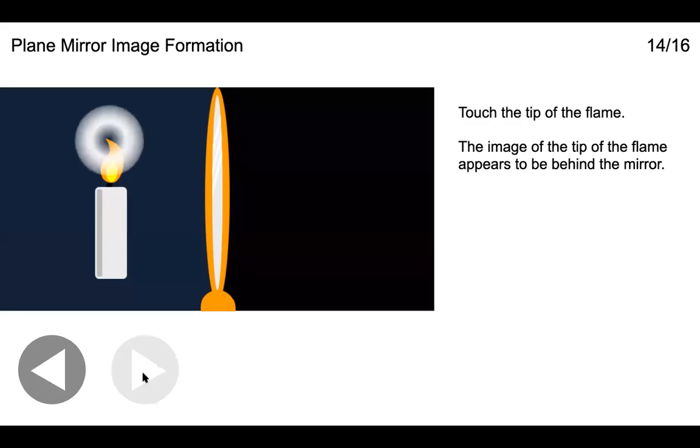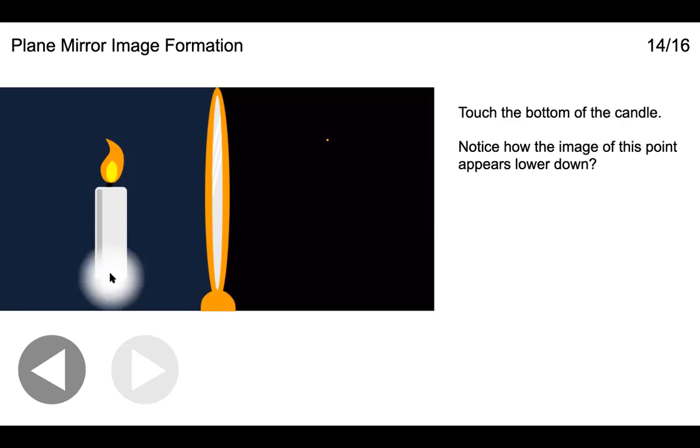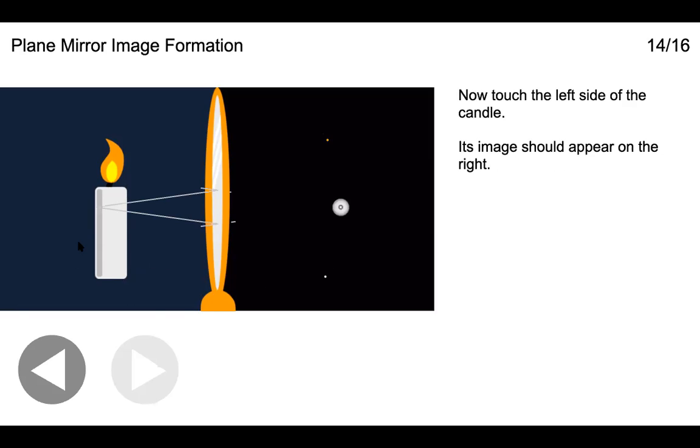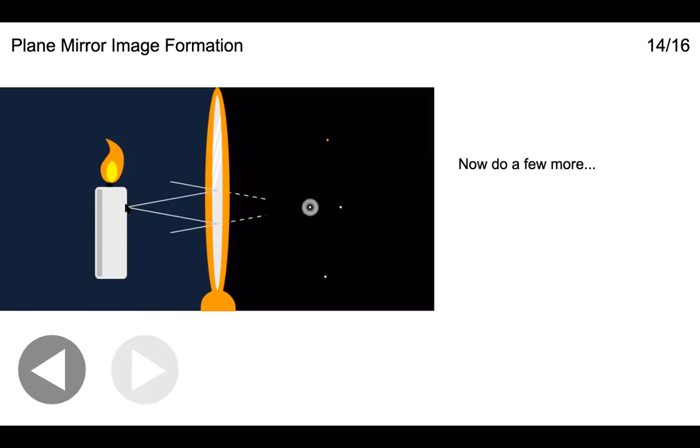We pick out the top of the candle: the top of the candle appears here, the bottom of the candle appears there, the back of the candle, and so on. Why is it going so slow? There we go. And so on. Now do a few more.